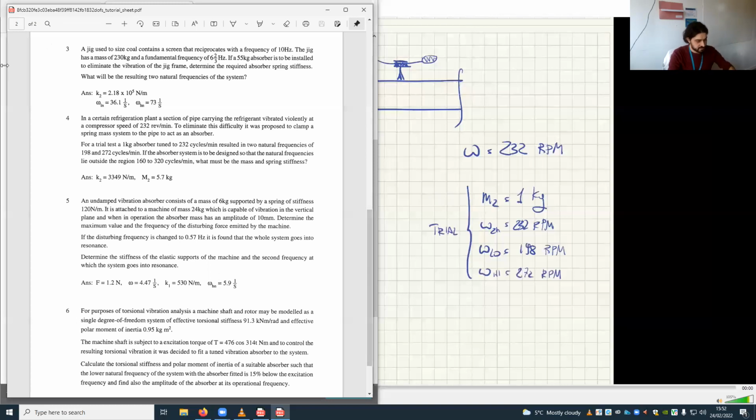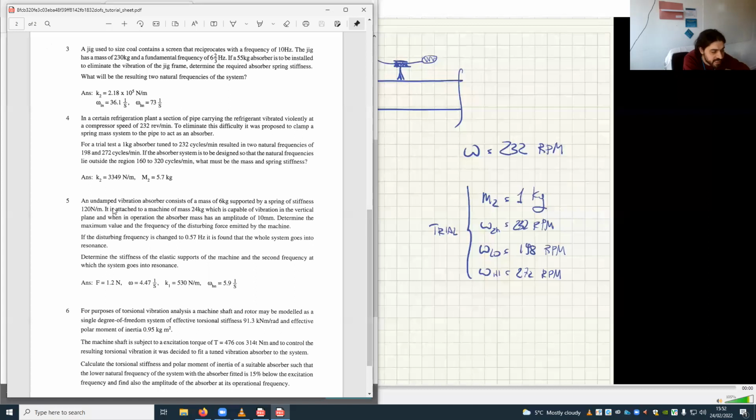And then for the actual one, we want omega low to be smaller than 160 and omega high to be greater than 320.